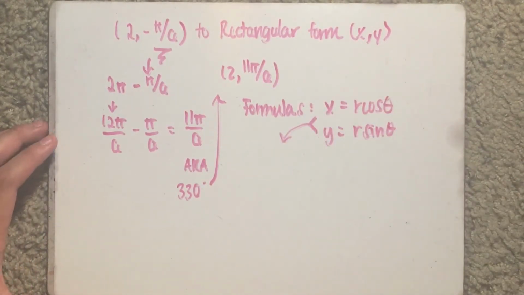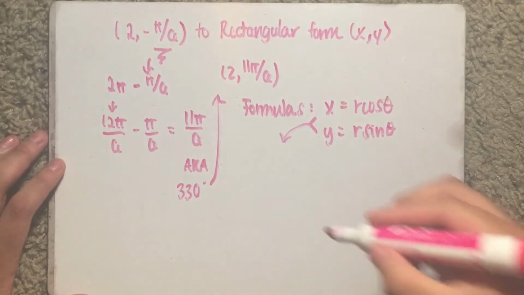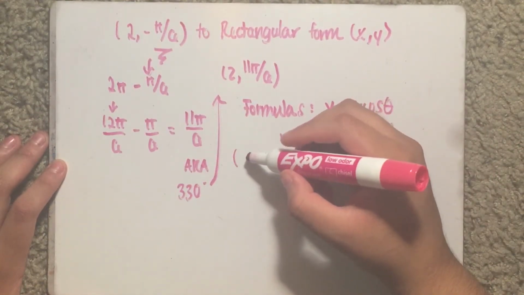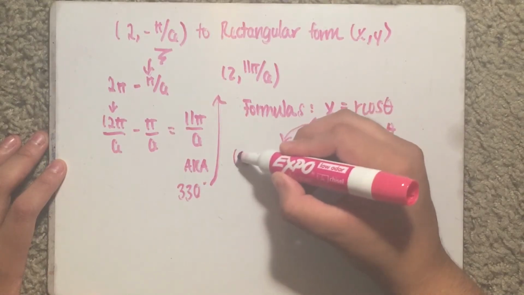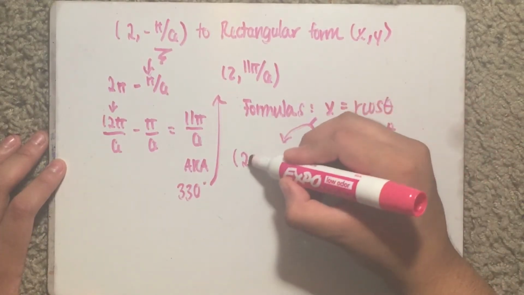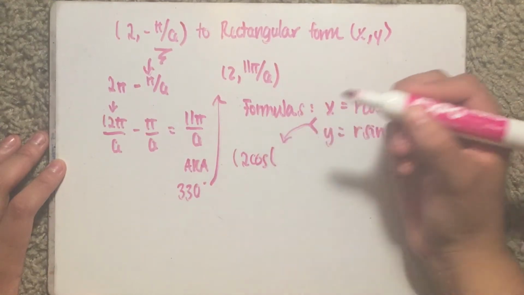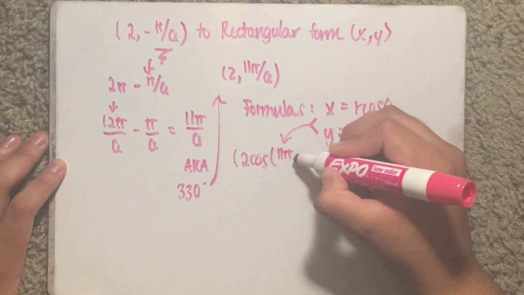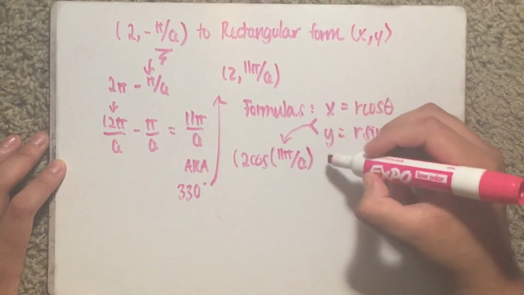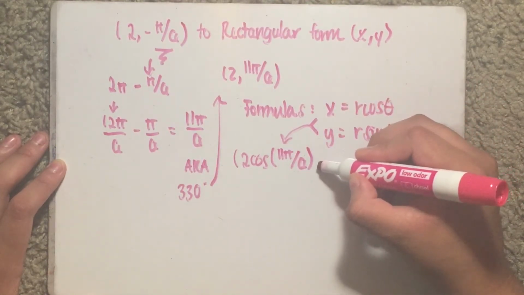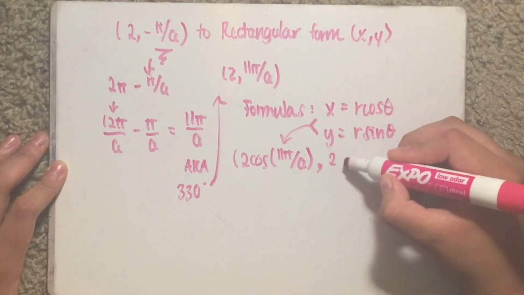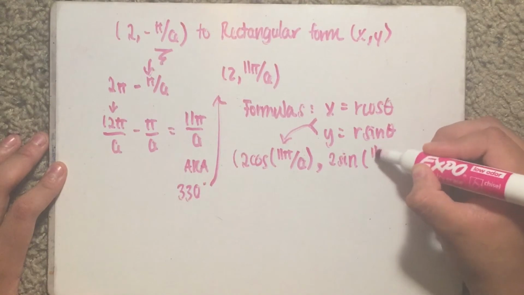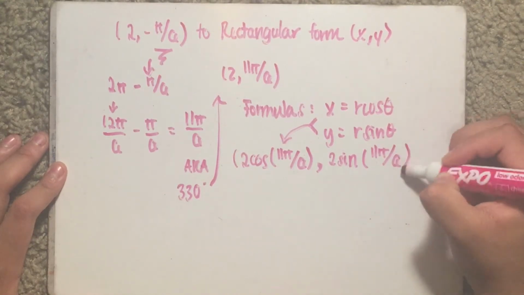And we can write it all at once: we plug in the 2 cosine 11 pi over 6, comma, again 2 sine 11 pi over 6.